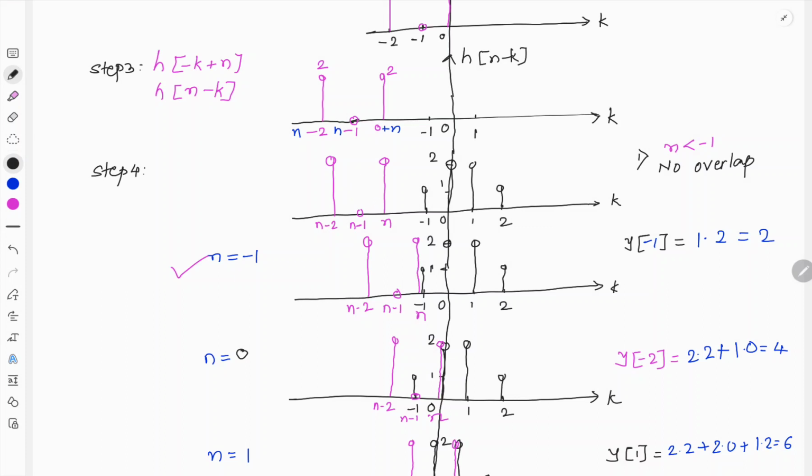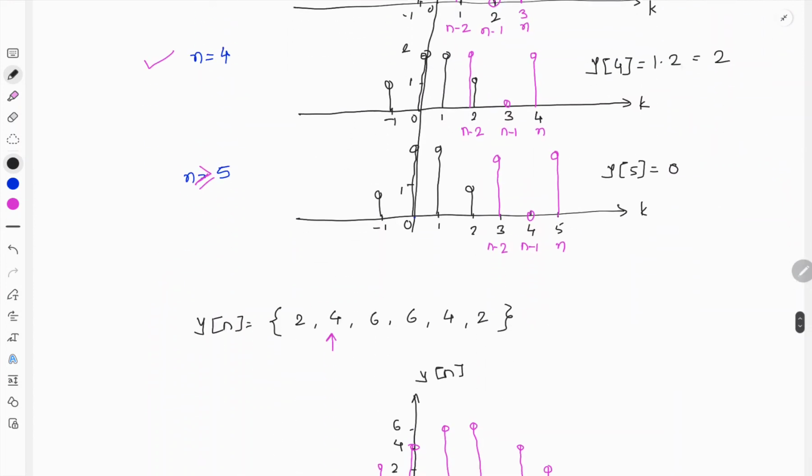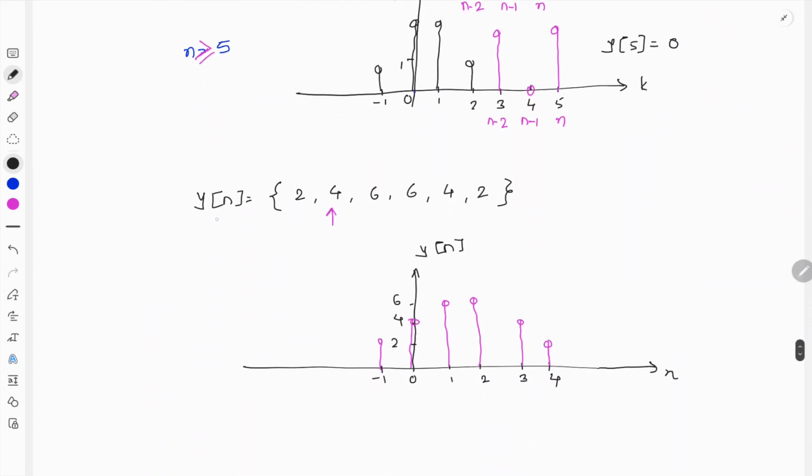So from left towards right, this h signal will completely overtake your x signal. So you have to find out all the conditions of n. Therefore, in this example you get the answer as y of n equal to 2, 4, 6, 6, 4, 2. This is your convolution sum.